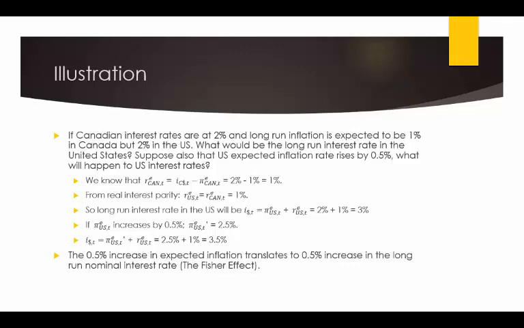Since this is the common long-run real interest rate for all countries, as it is the globally converged real interest rate in the long run, this means that US interest rates will be 3% as computed. Now, if expected inflation rises in the US by 0.5%, then by the Fisher effect, the long-run nominal interest rate in the US will rise by 0.5%. So it will no longer be at 3%, but now 3.5%.